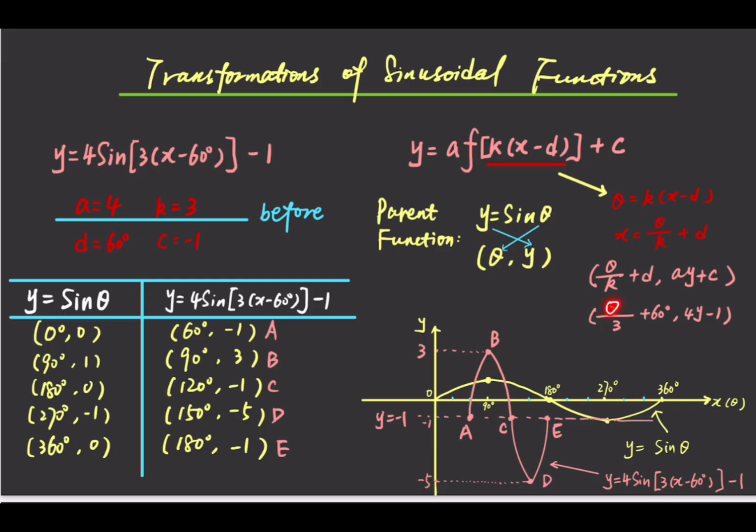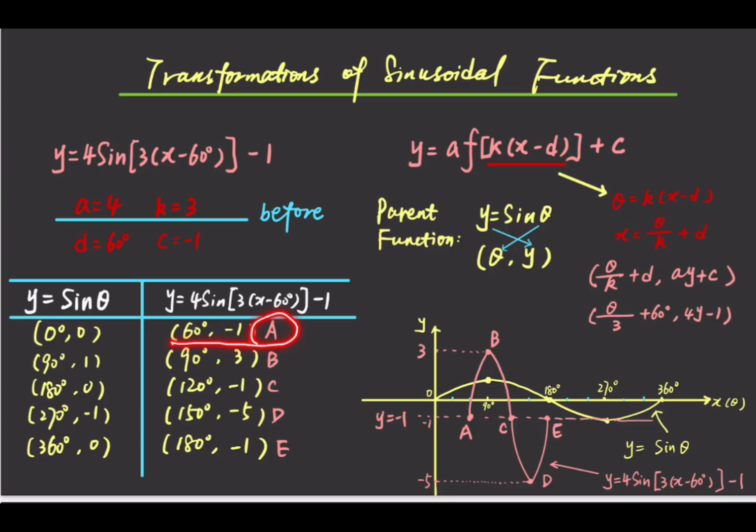That is, here it is 0 degrees divided by 3 plus 60 degrees. So it will be 60 degrees. Here y should be this 0. So 4 times 0 minus 1 will be -1. Okay? So point A should be (60 degrees, -1).